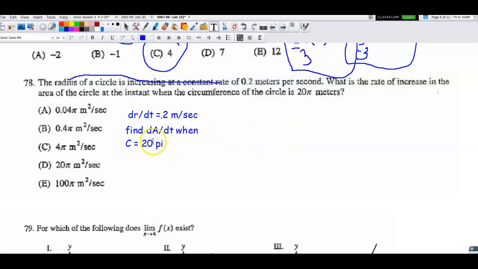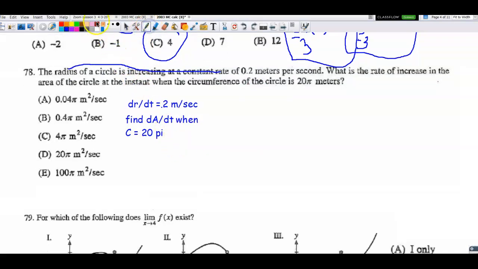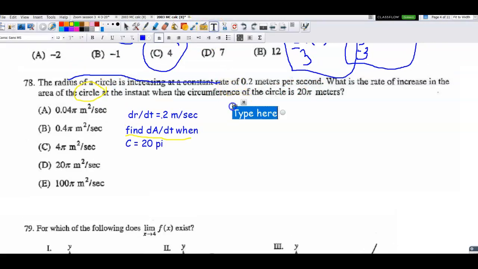Let's focus on what our job is. Our job in this problem is to find dA/dt, and we are dealing with a circle. So let's begin with the area of a circle. We know that the area of a circle is equal to pi r squared.